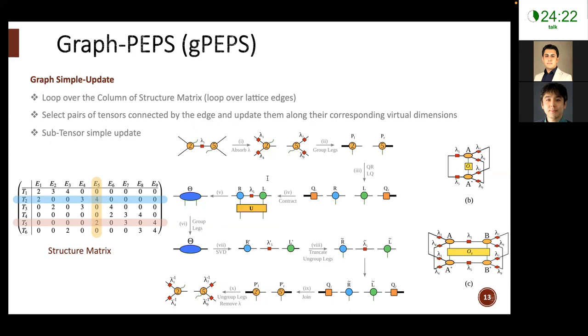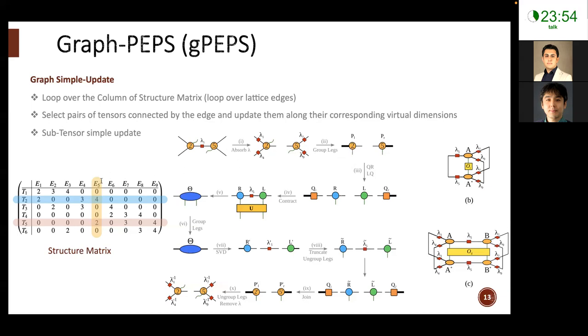So here I am going to explain the simple update, which can be applied to any arbitrary graph. The beauty and advantage of this technique is that you don't have to carry the burden of the complicated lattice structure. You just have this matrix, and this is all you need. The structure matrix technically gives you all of the information that you need to do the local update with singular value decomposition for the tensor.